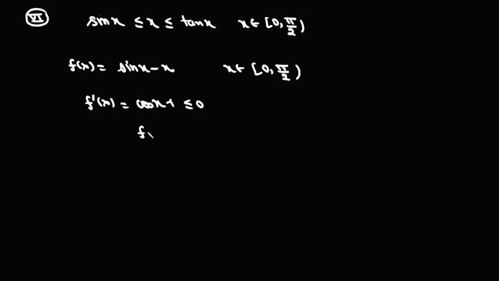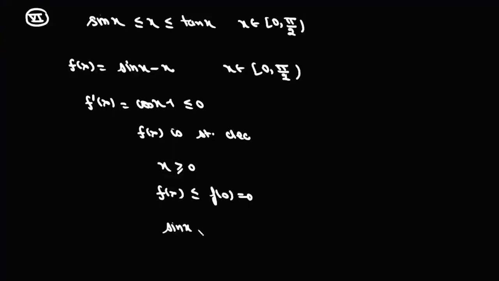That means f(x) is strictly decreasing, and if x is greater than or equal to 0, that means f(x) is less than or equal to f(0). Now what's f(0)? f(0) is 0. So from here we can say sin x minus x is less than or equal to 0, or simply sin x is less than or equal to x.